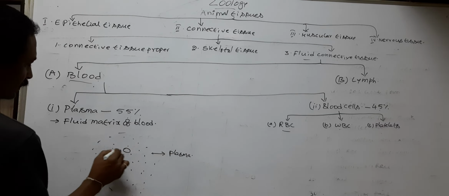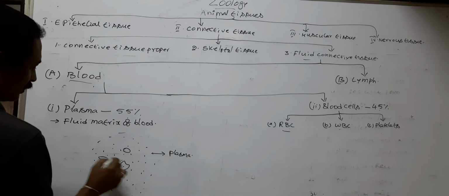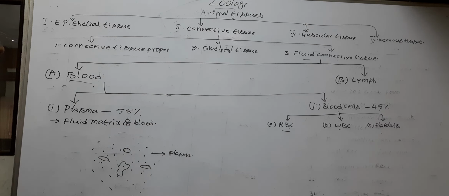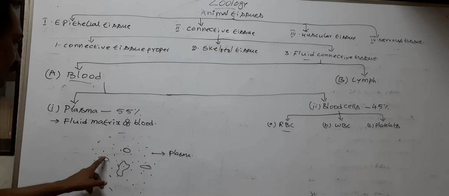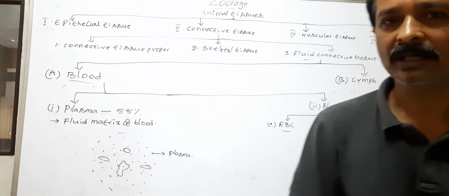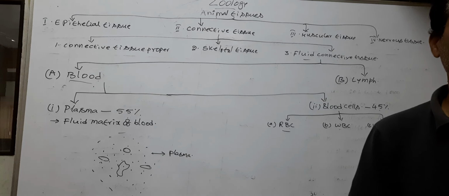Plasma contains blood cells like RBC, WBC, platelets. But fibers are absent. Collagen and elastin fibers are absent.